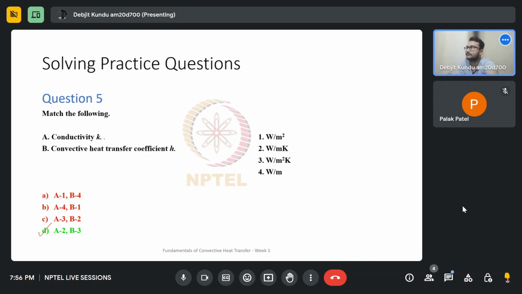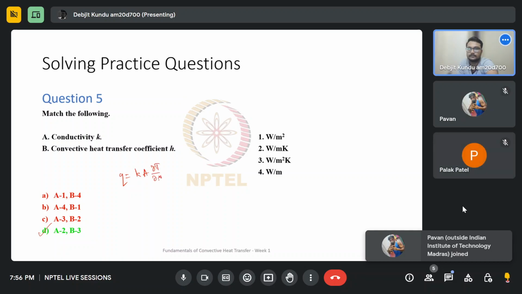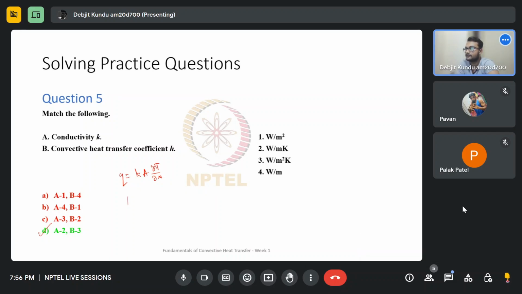So how we can figure out is in this way. Let's use the formula of conductive heat transfer over here, Q equals K A dT by dx. For now, let's say we have to figure out the units of K. So I can write this K as Q by A into 1 over dT by dx. Now let's write down the units of each of them. Q is power, that is watt.